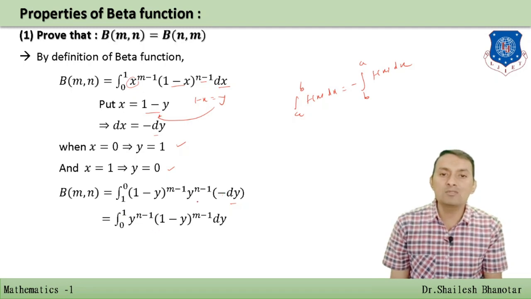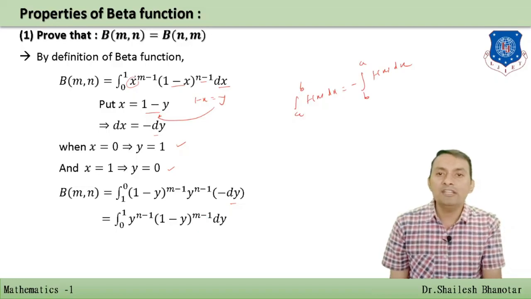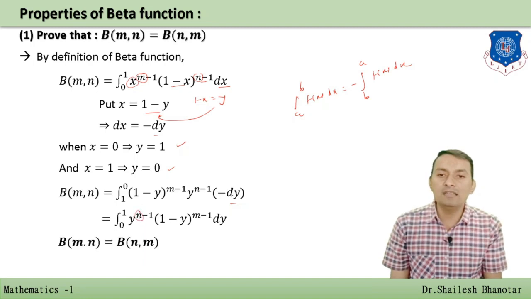Therefore we have y raised to n minus 1 into 1 minus y raised to m minus 1. According to the definition, this is the same, only the variable is changed. So I can represent this as beta(n, m), and this is the proof of property number 1.